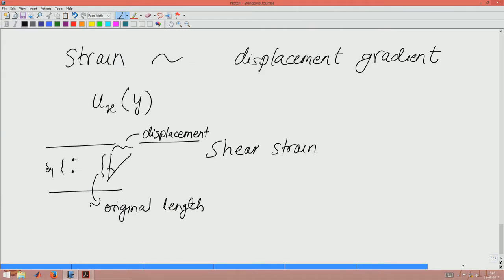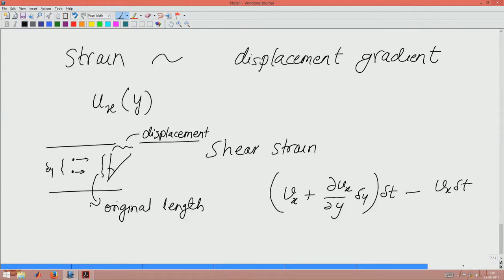Since we know that this particle is moving at some velocity and this other particle is moving at some other velocity, we could write this as the velocity at y plus delta y and the velocity at this point. So, it will be, let us say, V x plus del V x by del y into delta y. So, this is the velocity, and let us say some motion has happened for some amount of time. This minus V x into del t, divided by del y.